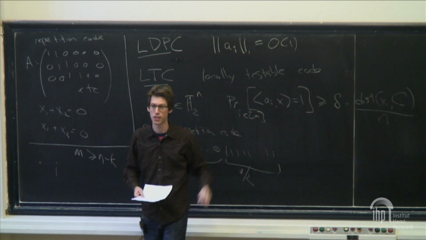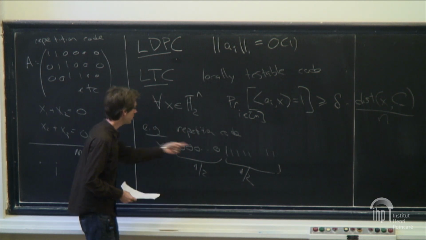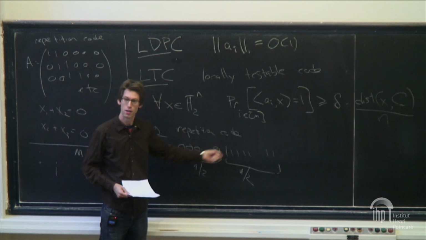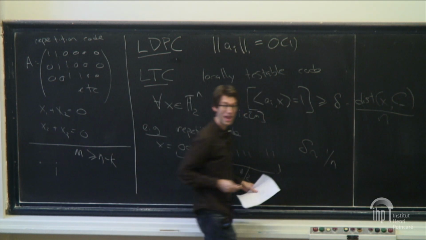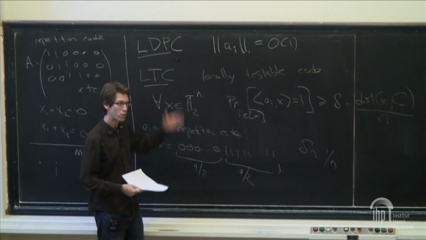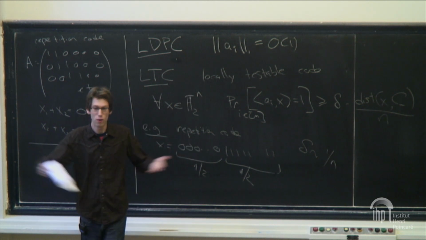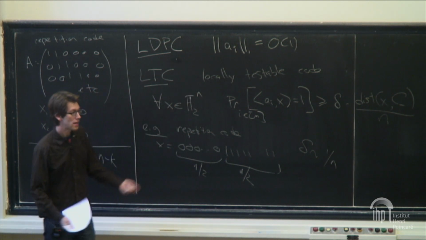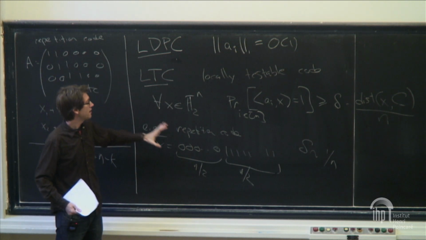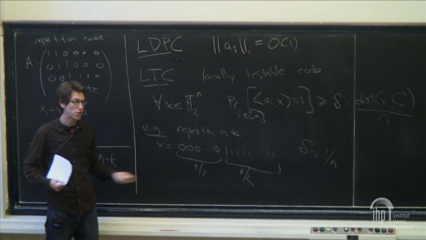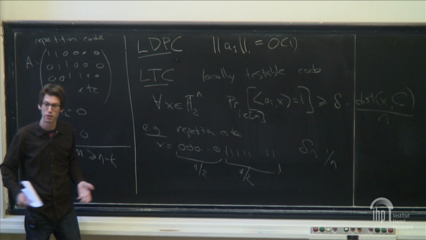You differ in half the positions from any code word, but you only violate this one check here. So delta is on the order of 1 over n if you have the repetition code with these checks. I said that in terms of distance, the repetition code is as good as you can get, but it's very not robust. You violate one constraint, and you can be very far from any code word.